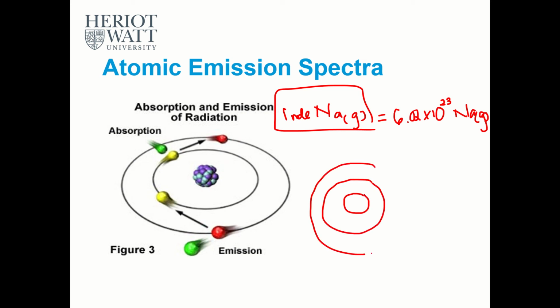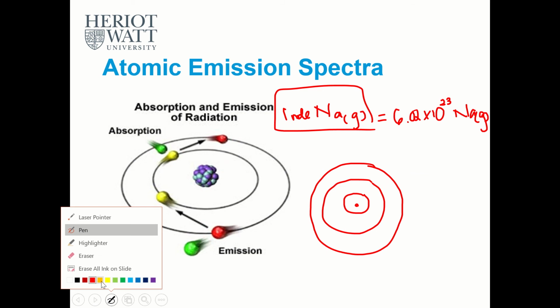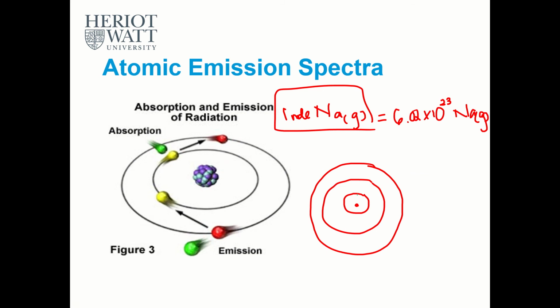So this is a single sodium atom with a nucleus, and then you have 2 electrons, then 8 electrons, and then you have 1 here, 1 valence electron, because the electron configuration is 2 8 1, right?